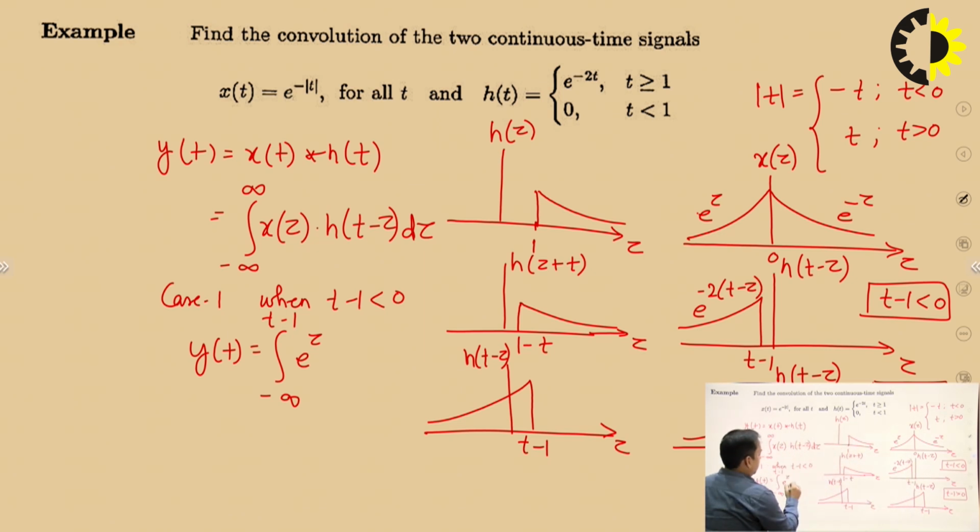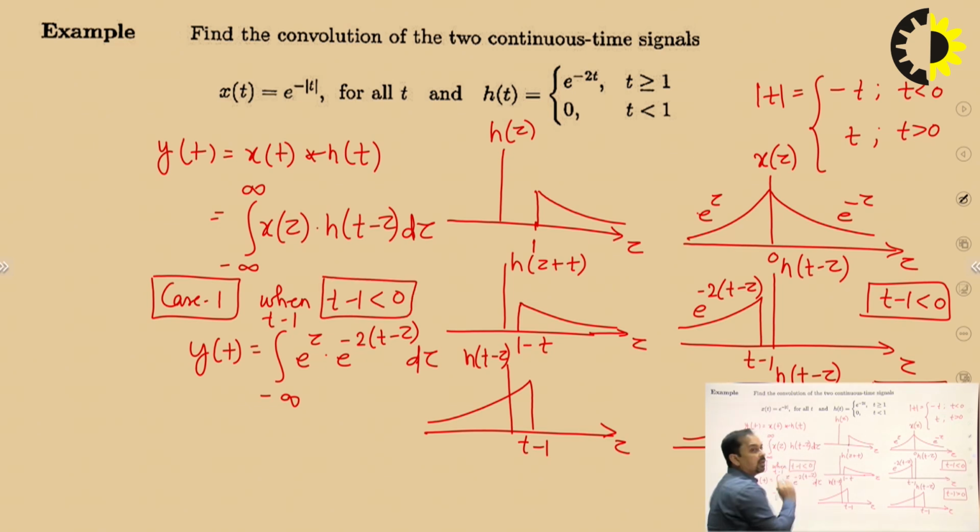This equation I can write down as the integral of e raised to power tau times e raised to power minus 2 times t minus tau d tau. Our aim is to simplify this expression for our very first case, which is t minus 1 less than 0. Later on we can simplify this inequality also.